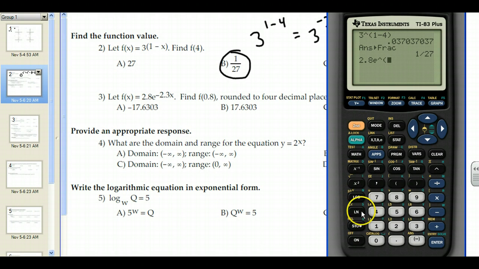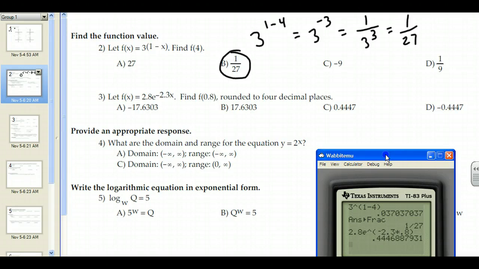So 2.8 e to the -2.3 times x, and they want us to use 0.8 for x. Close that parentheses. So there's what we get, 0.44468, which is C.